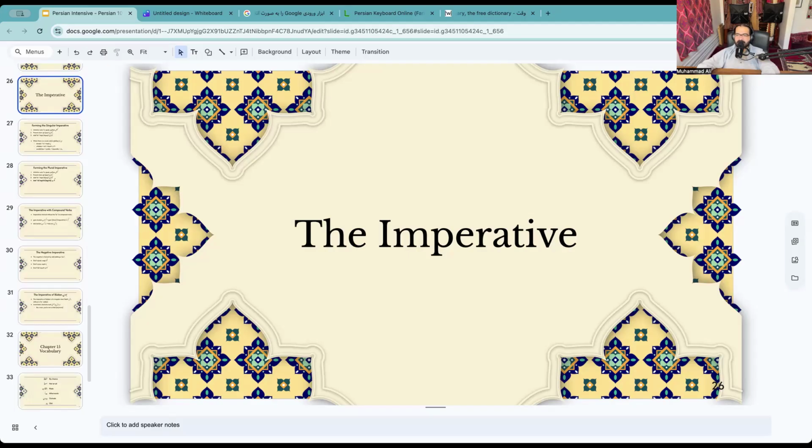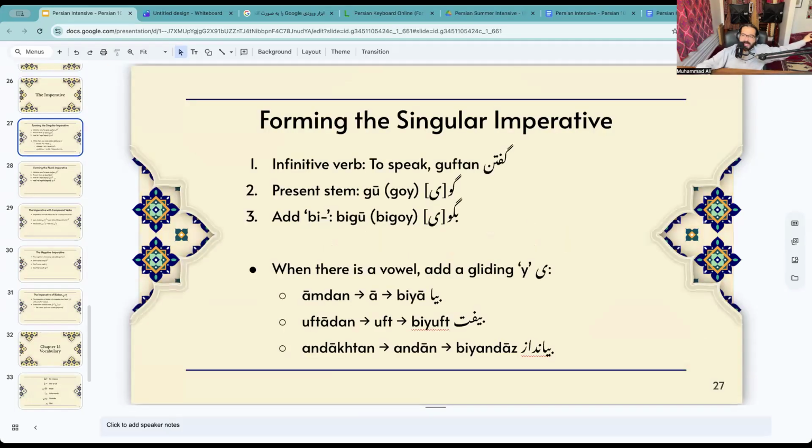That's it. It's not that difficult. So let's look at it. We have goftan, for example, just any random verb, goftan, to speak, to say. The present stem is gu, or goi if you're in classical. And all you do is add the letter be to it.